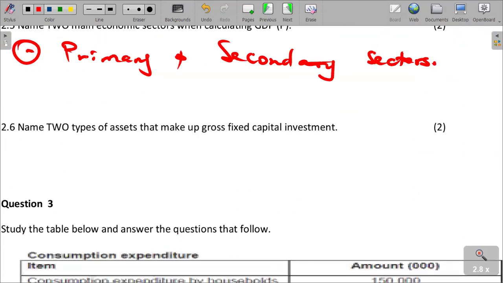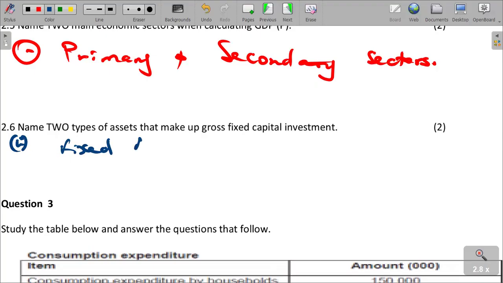And then, name two types of assets that make up gross fixed capital investment. Gross fixed capital investment is made up of different assets. One, we have fixed assets.